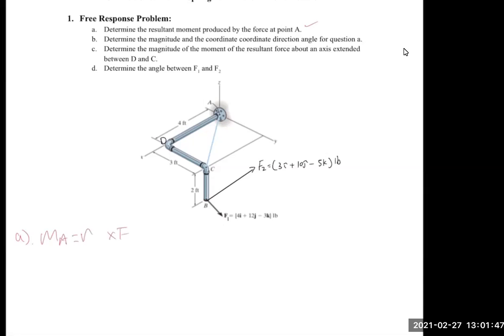What's our F? My R is from the point where you want to generate the moment to the point where the force is at, which is from A to B, because the force is at B, right?